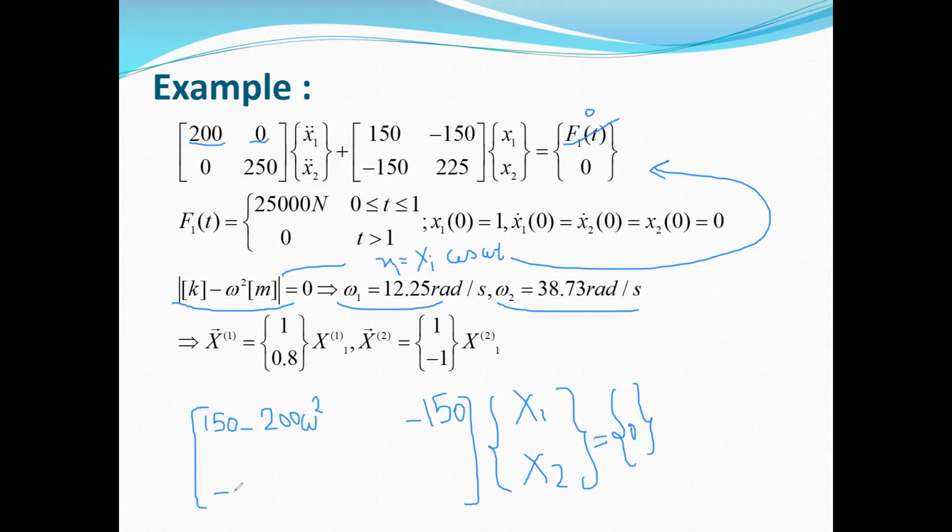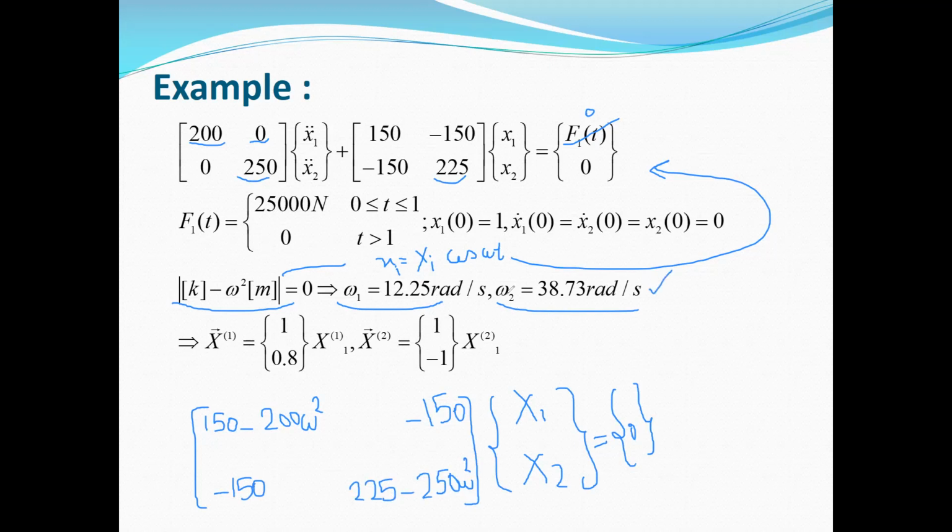The third one is again minus 150, and the last component is 225, the component for matrix K, minus m omega squared, where the component of m is 250, so it will be 250 multiplied by omega squared. If you find the determinant of this matrix, you can solve it for omega and obtain omega 1 and omega 2.